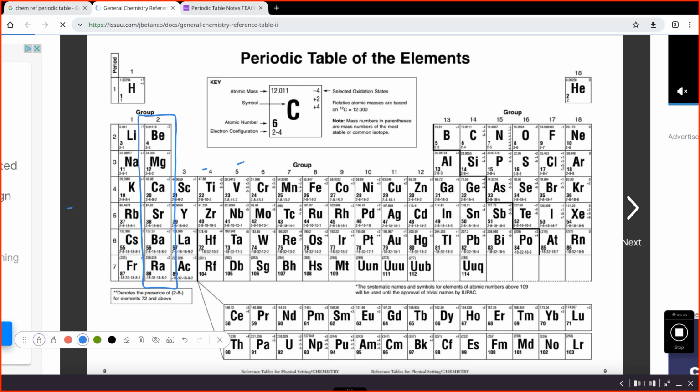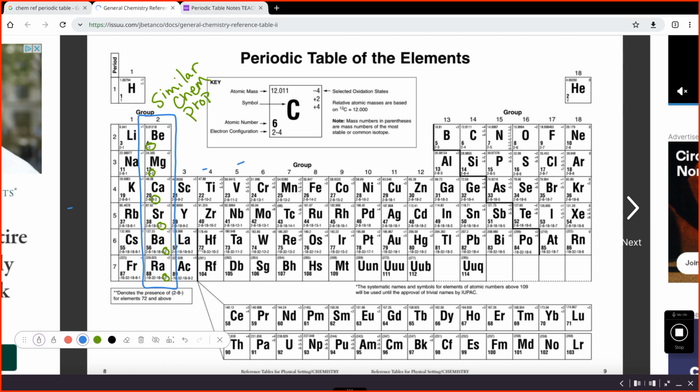What we can see is there are 2 valence electrons in Be, 2 in magnesium, 2 in calcium, 2 in strontium, 2 in barium, 2 in radium. And all of these elements are in the same group because they have the same valence electrons. And because they have the same valence electrons, they have similar or the same chemical properties. The same can be said for any group 1, 2, or 13 through 18.